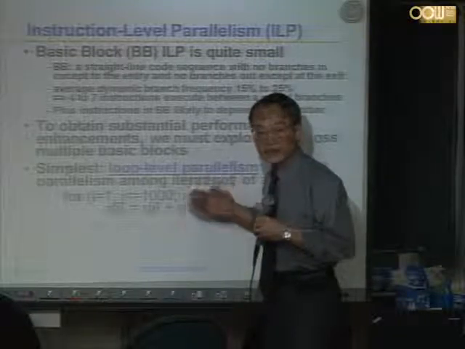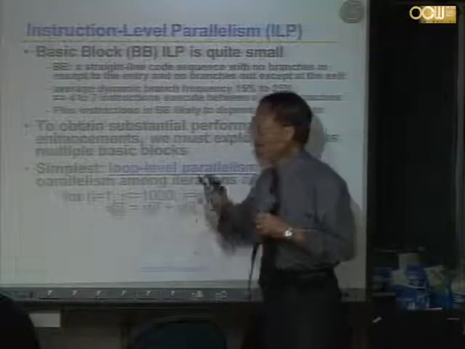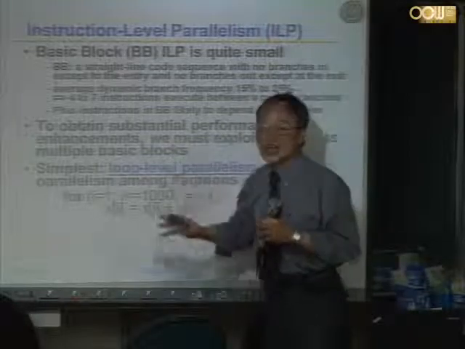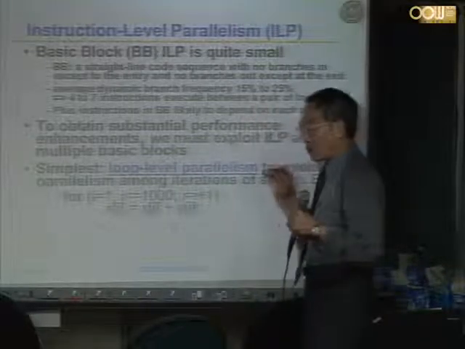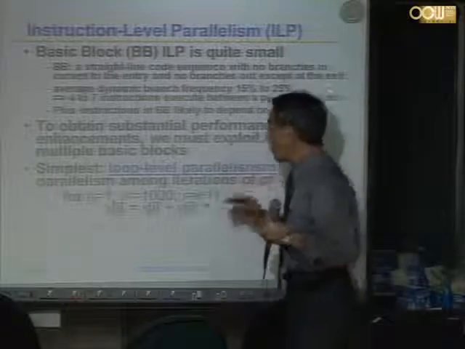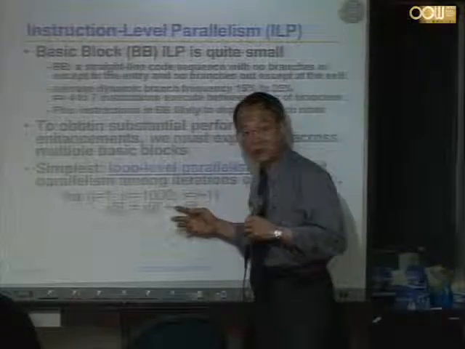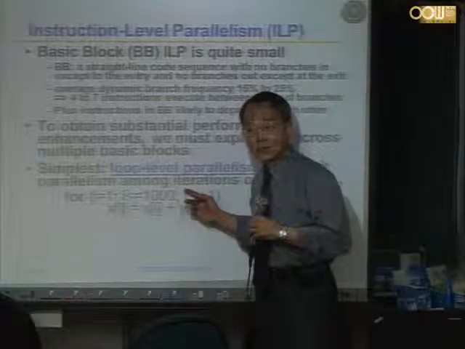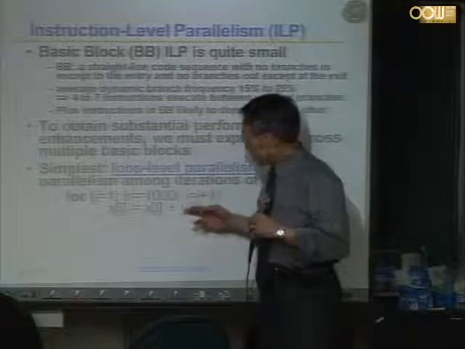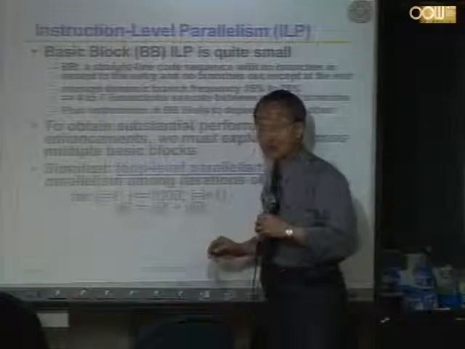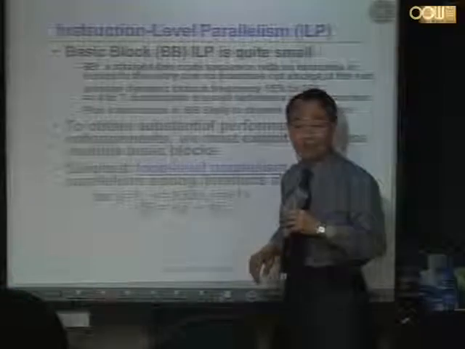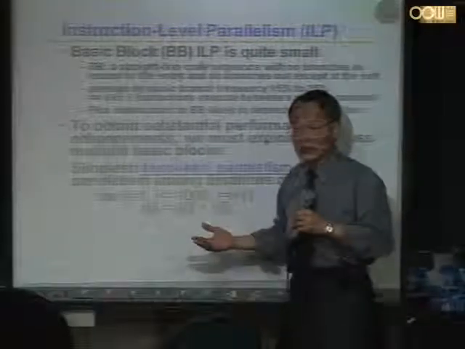During these 1,000 iterations, everything can be predicted. Nothing will change. So what if I do 2 elements within the loop body and let it iterate for 500 times? We can do even better. Let the loop body do 3 elements and iterate for 333 times, and so on.